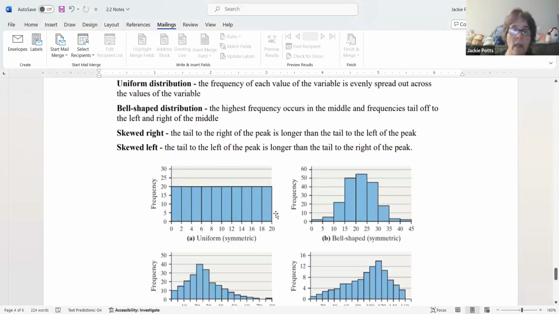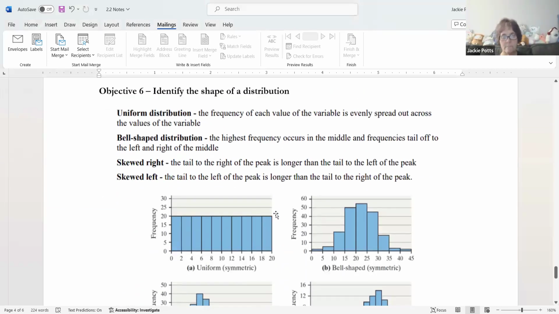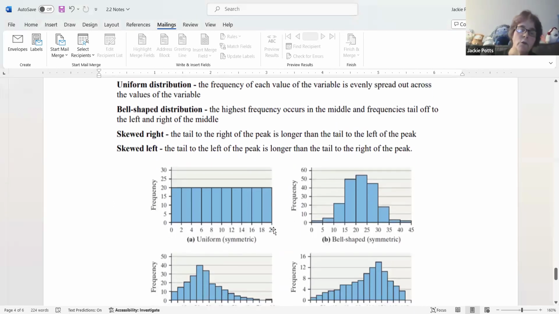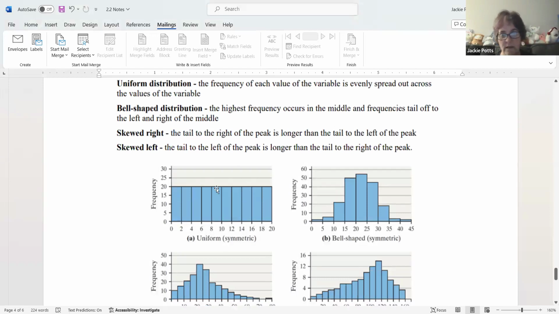All right. Let's talk shapes. A uniform frequency looks like this when it gets charted out. What would be one that looks like that? Think of dice. What's the odds of getting a 1 when you roll a die? 1 out of 6.